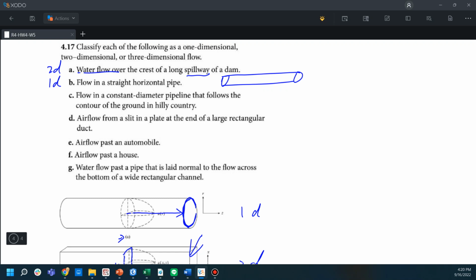And C, the flow in a constant diameter pipeline that follows the contour of the ground in a hilly country.